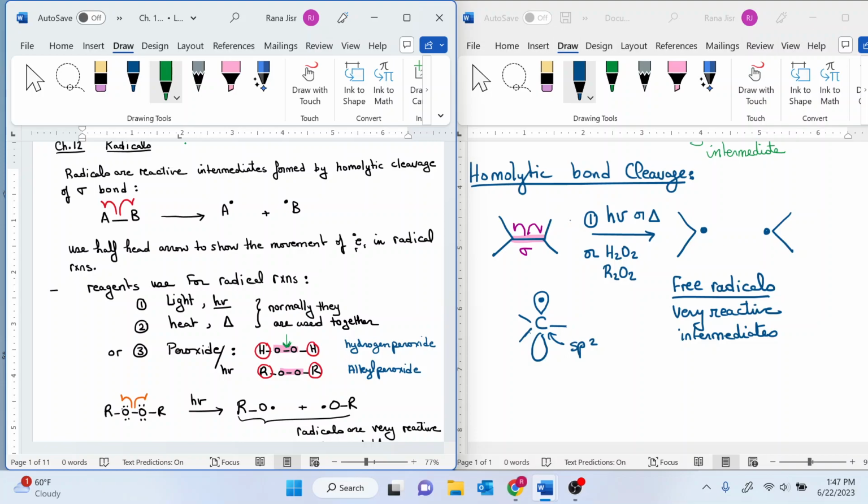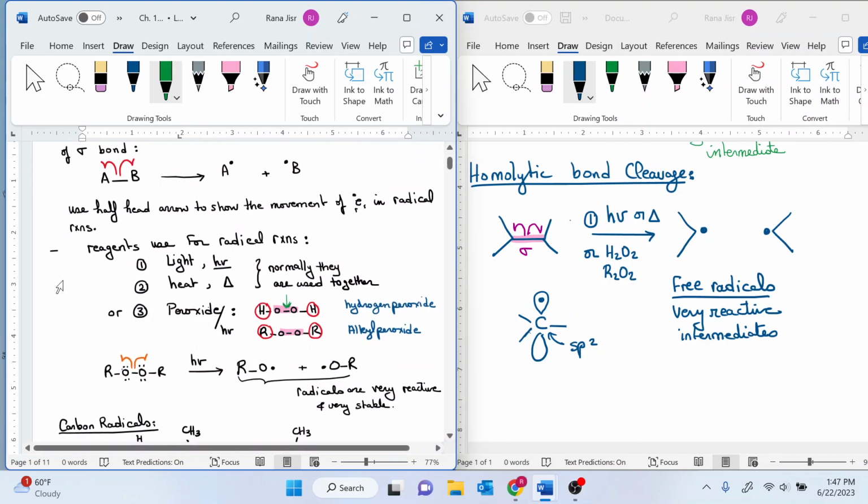So that sigma bond can be broken if it is subjected to light. Broken by a homolytic cleavage, and each of the oxygens will pick up a radical. So you're going to end up getting free radicals. These are very reactive intermediates, and these are what start the free radical reaction.